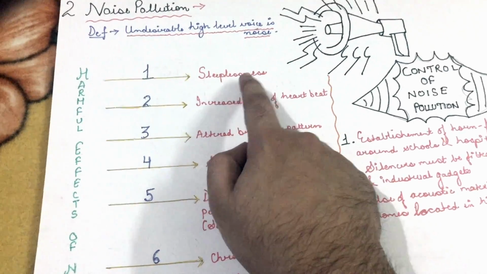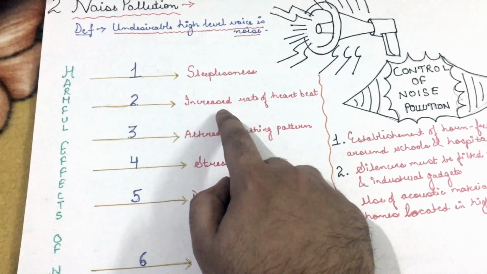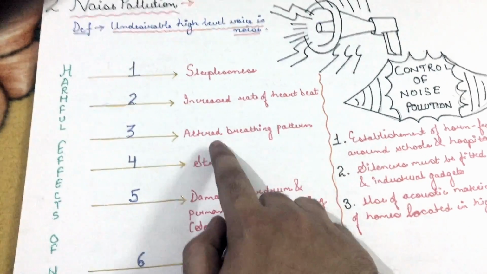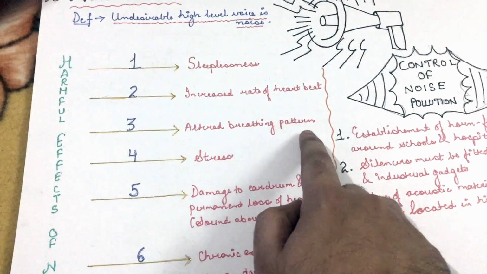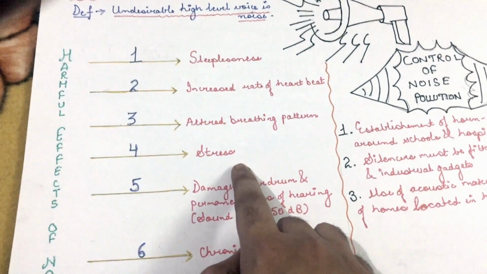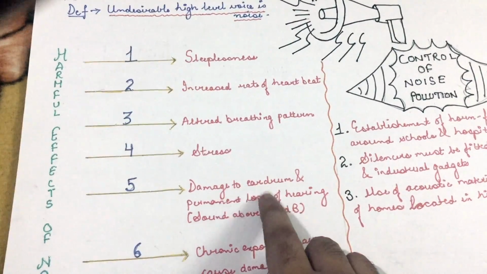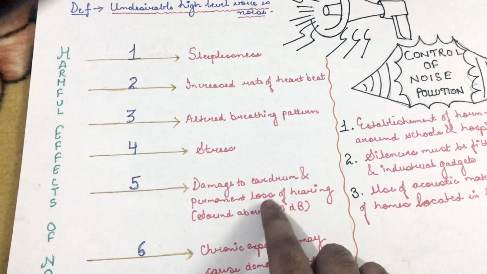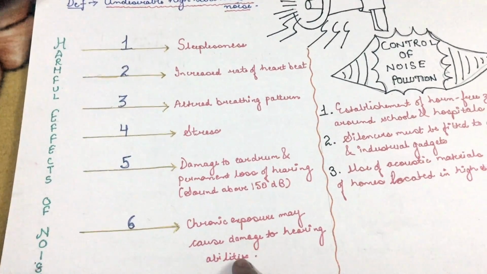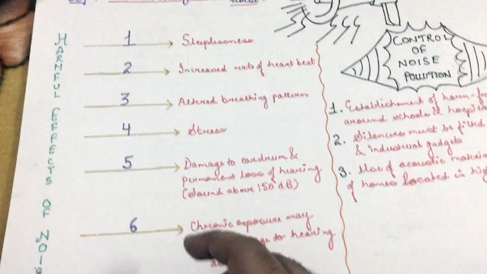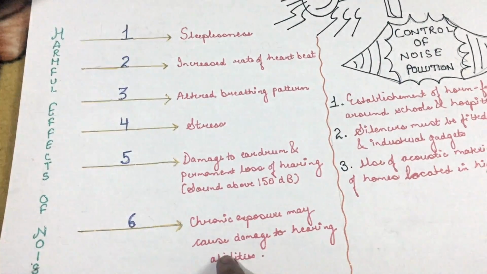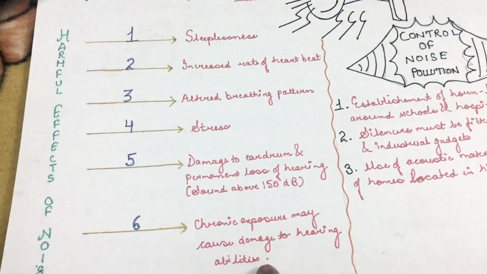Number one, sleeplessness. Number two, increased rate of heartbeat. Number three, altered breathing rate. Number four, stress. Number five, damage to the eardrum and permanent loss of hearing. And number six, chronic exposure, means long time exposure, may lead to damage to hearing abilities.